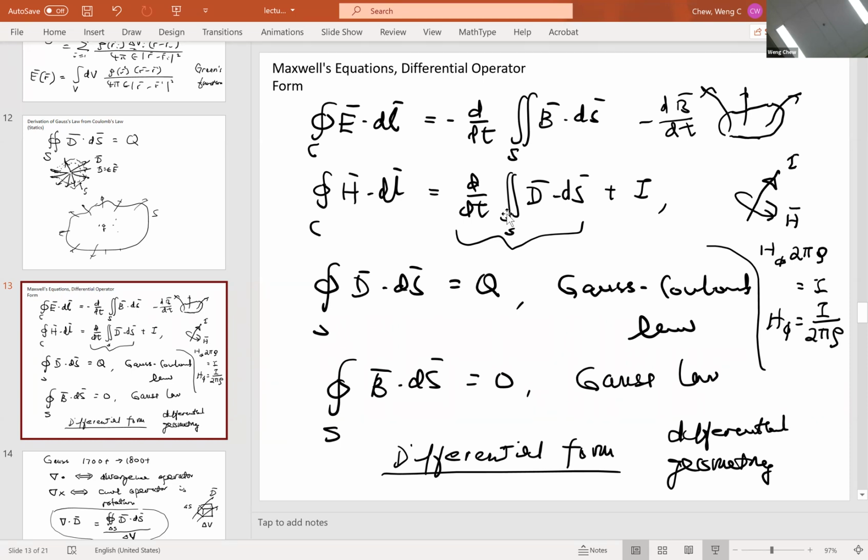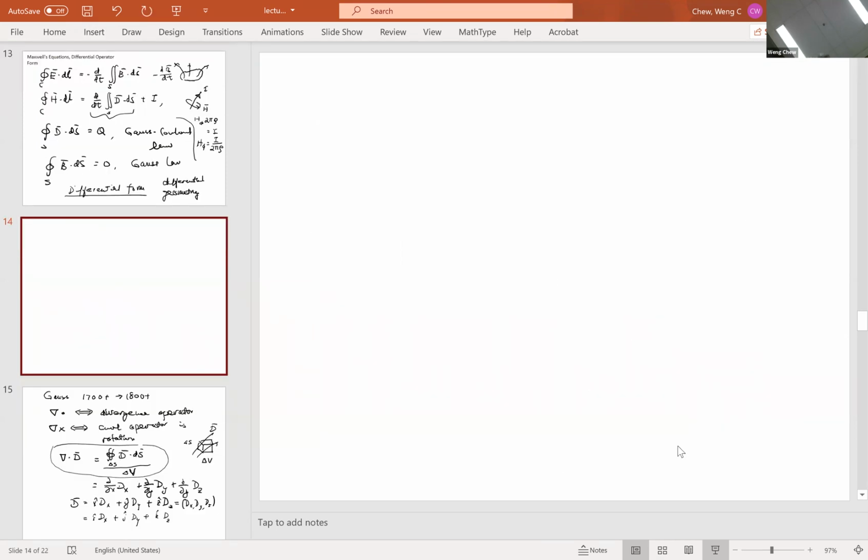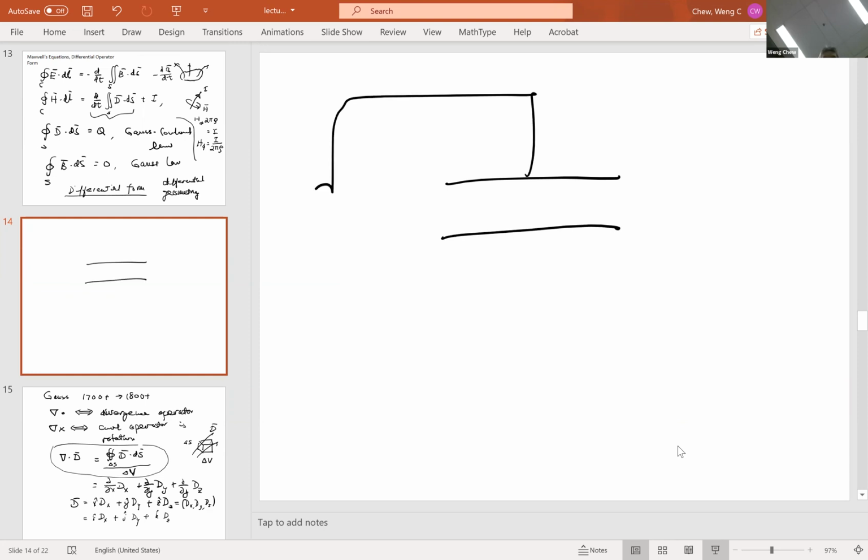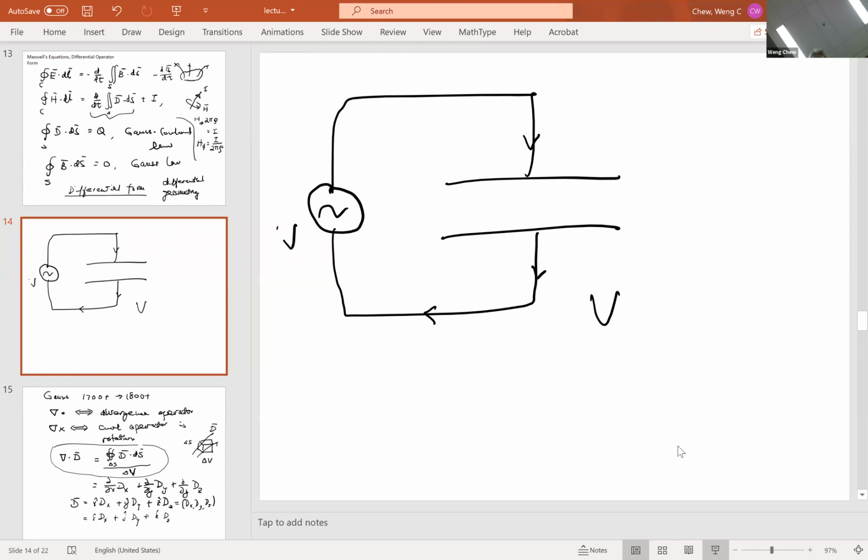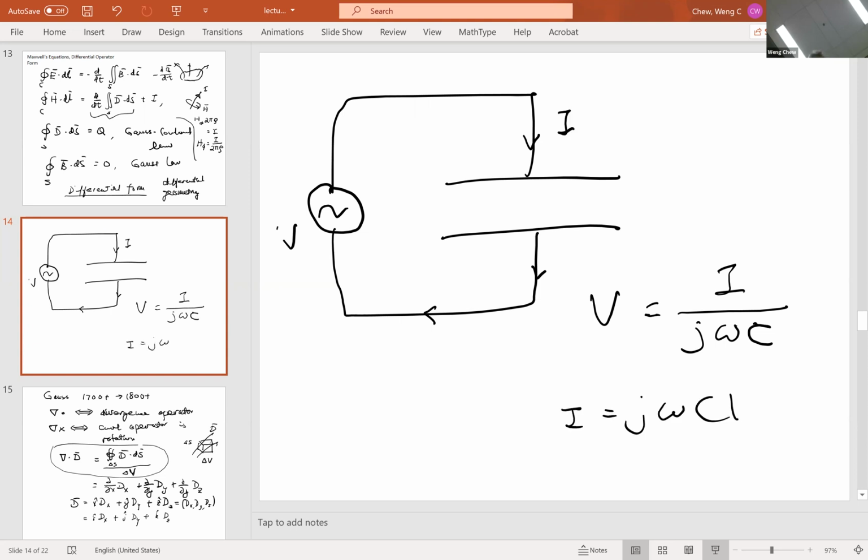Say if I have a capacitor, all good electrical engineers know that if this is voltage V, then when the frequency goes to 0, the current I is 0, there's no current flow.